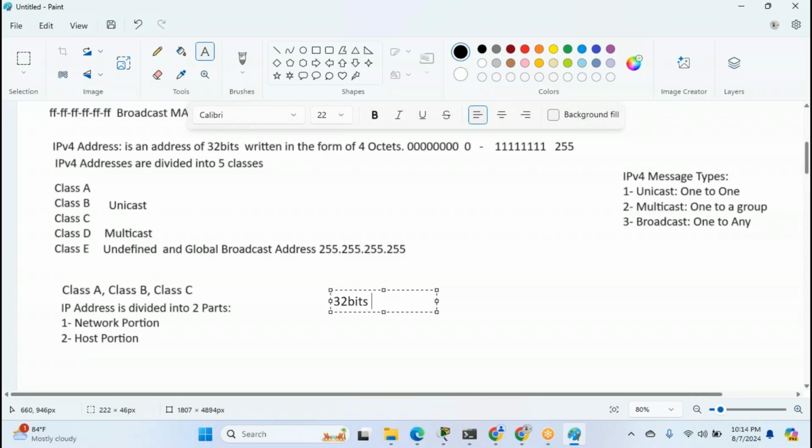a 32-bit, 4-octet value can be one of the following.